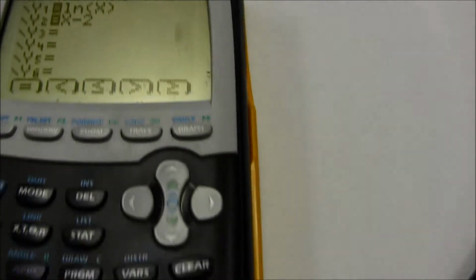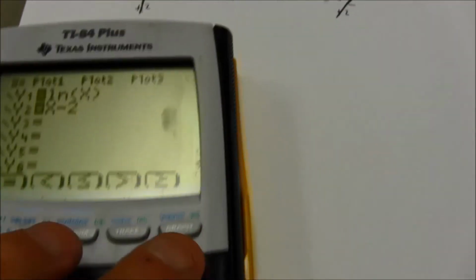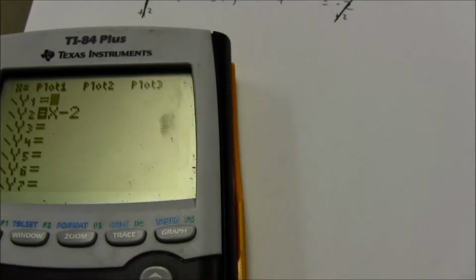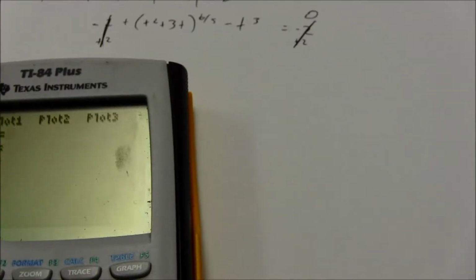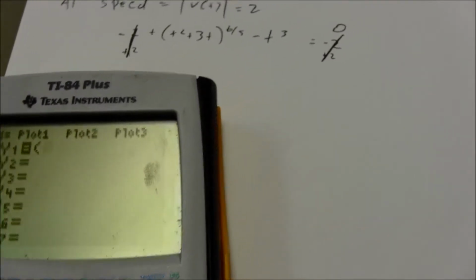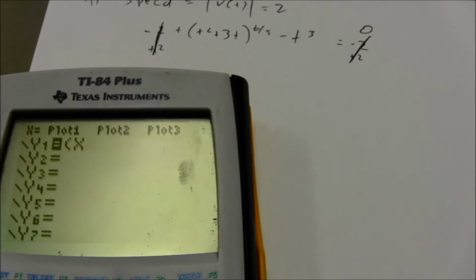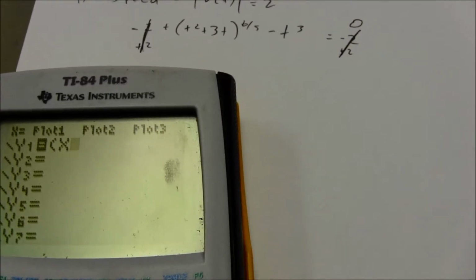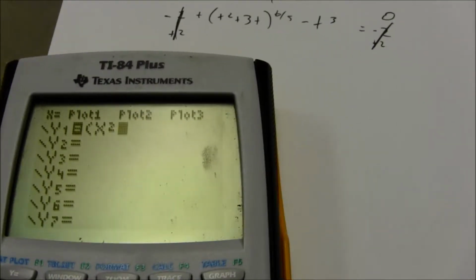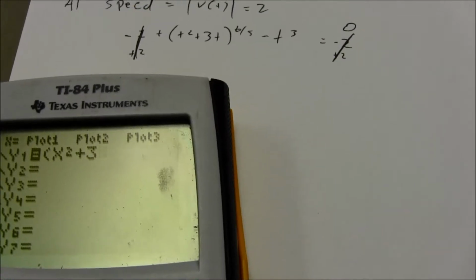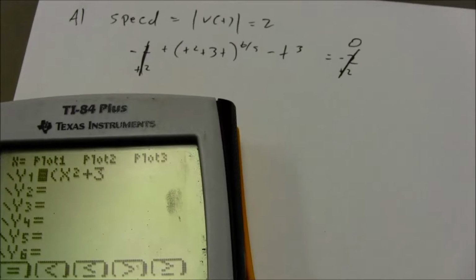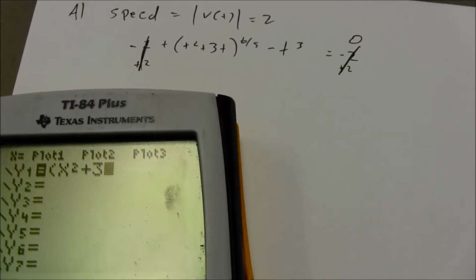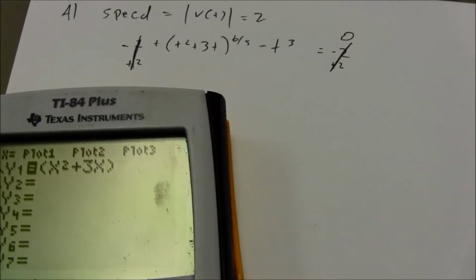And so I've got my function here. I'm going to go to the y equals button, and I'm going to clear out what I currently have in there. And I'm going to put in quantity t squared plus 3t raised to the 6/5 power.